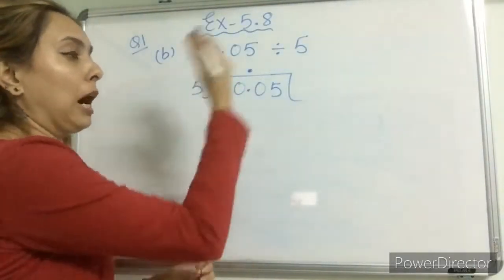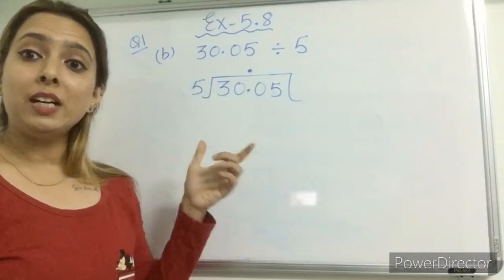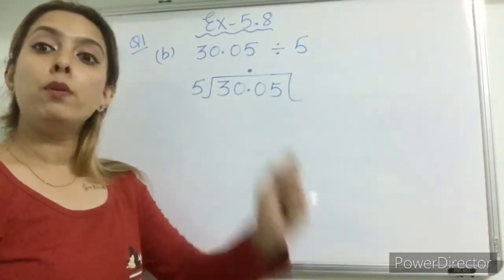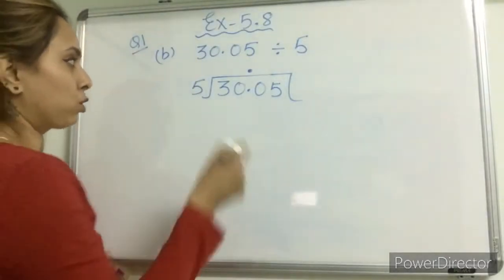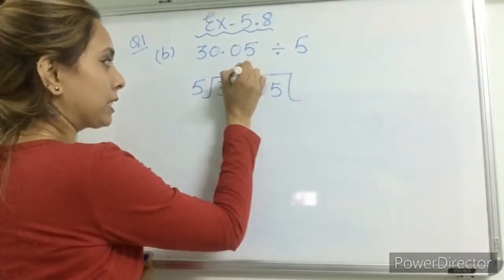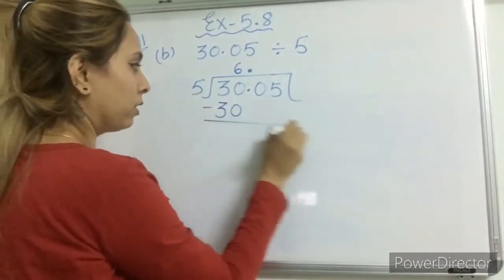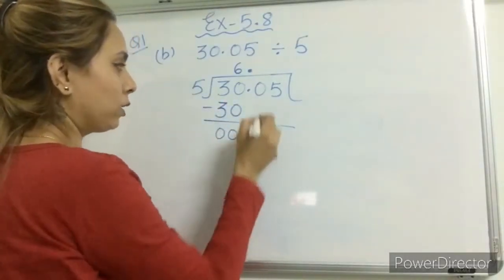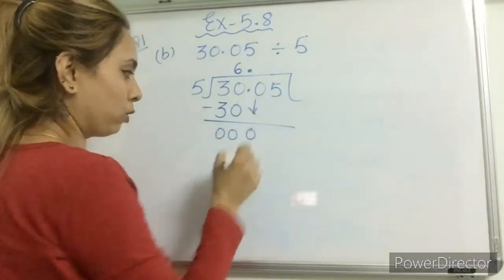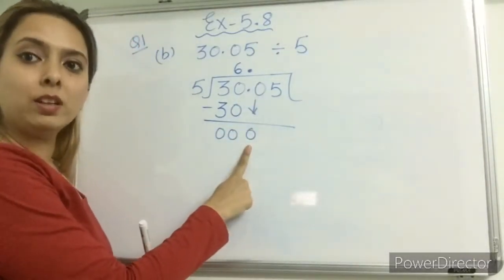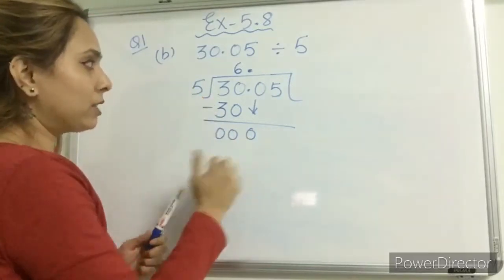Now you will think, ma'am, where will we write 6? Before the decimal or after the decimal? 30 is before the decimal, so you will write 6 before the decimal. 5 6s are 30. Normal division, right? So 0 and 0. We bring this 0 down. Now we can divide it: 5 zeros are 0.